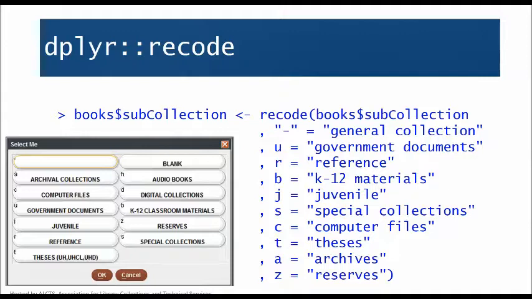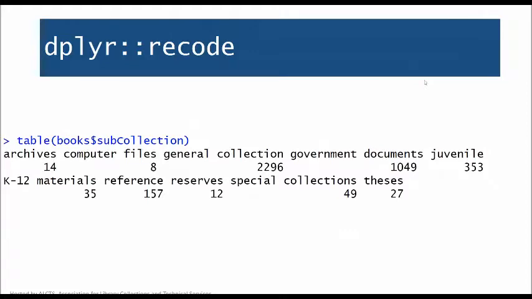And this one, unfortunately, is kind of confusing. It's reversed. So the old data value is first and the new data value is second. So you can see I'm replacing all of those letters with something much more meaningful. Then when I call table on that vector, I'm able to see much more meaningful information. So I can see that the general collection has about 2,200 items. There's about 1,000 government documents.